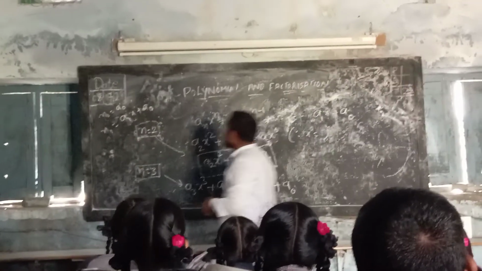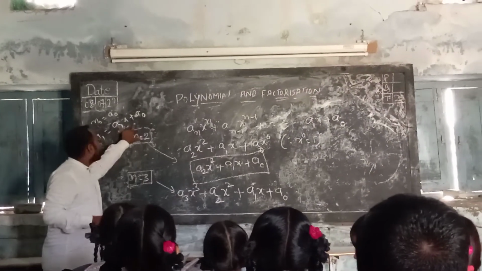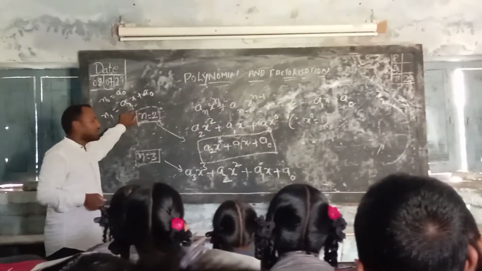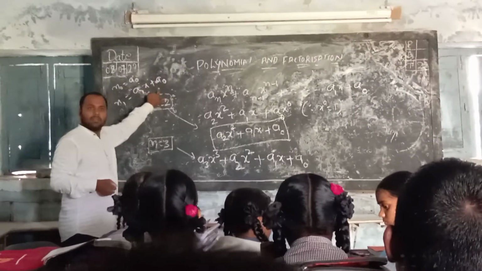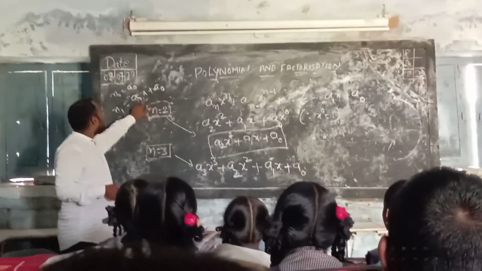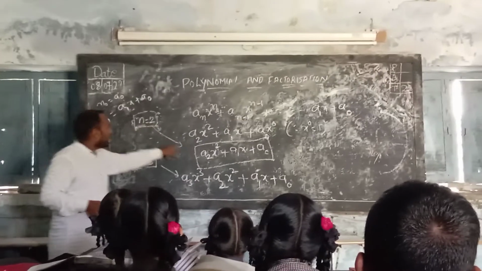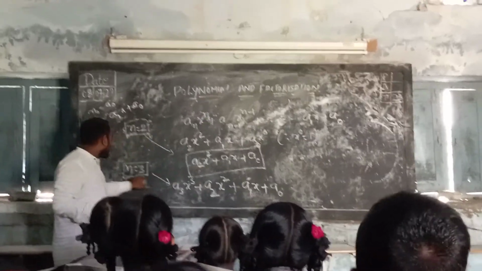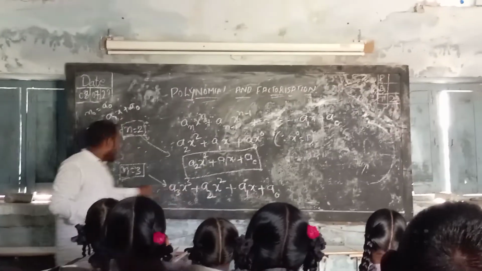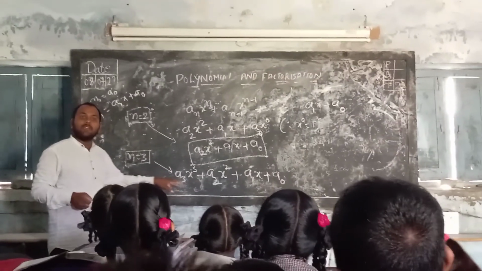Next, for this term, you have the degree existing. So these are 2 terms, right? With a variable, n is equal to 1. When n is equal to 2, we are getting 3 terms. When n is equal to 3, we are getting 4 terms. When n is equal to 4, we are getting 5 terms.